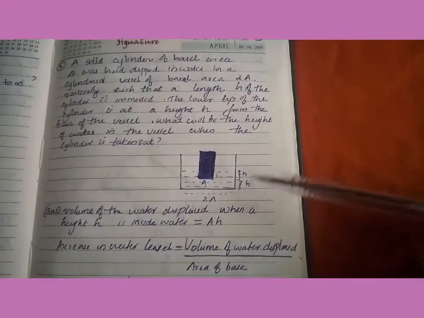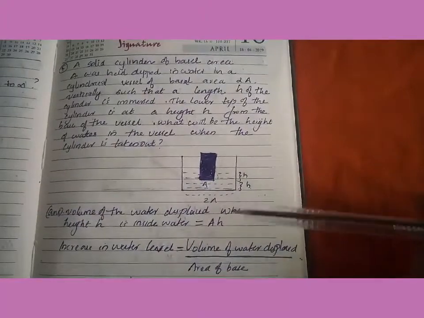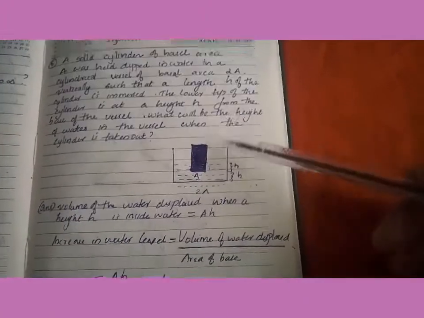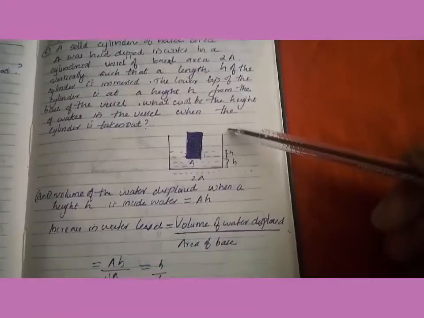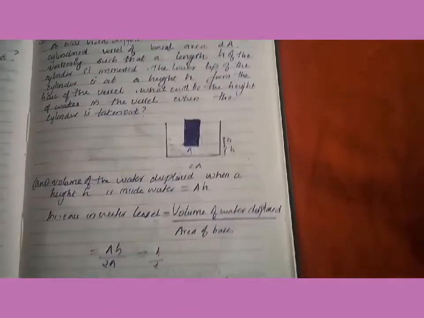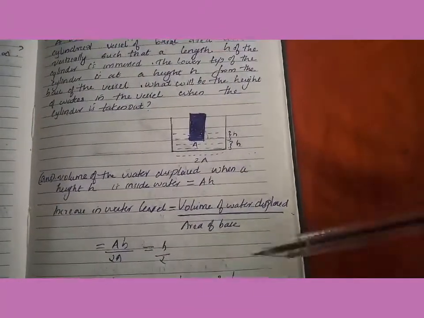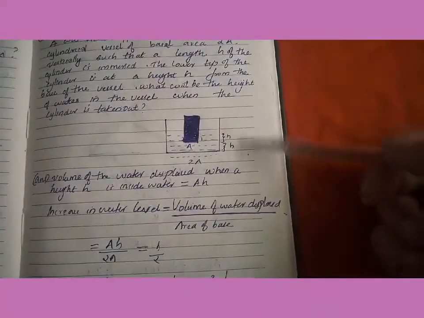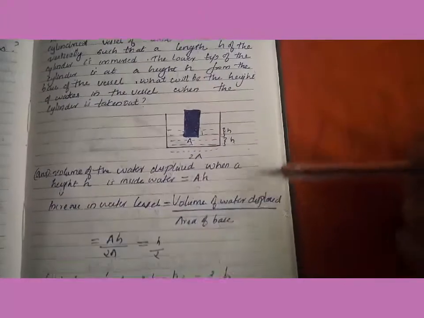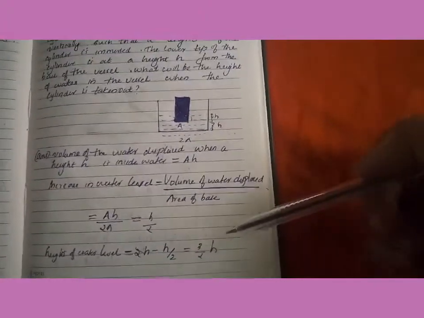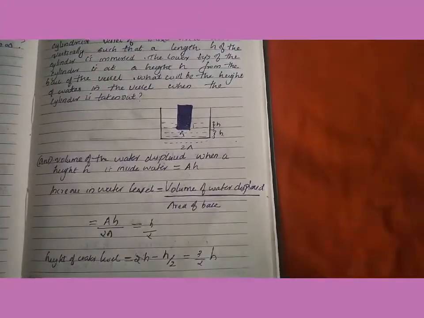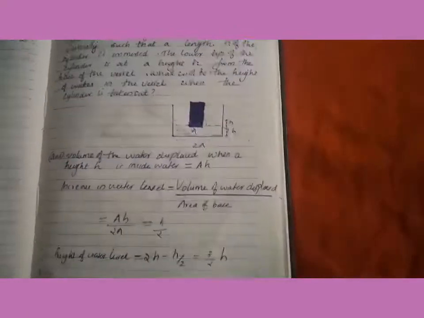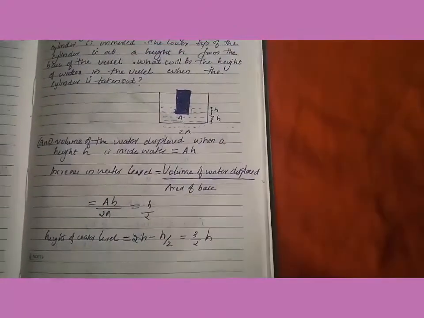When the cylinder is dipped in the water, the rise will be h by 2. When it is taken out, there will be an h by 2 decrease. So 2h is the height, minus h by 2 will give you the actual height when the solid cylinder is removed from the water, that is 3 by 2 h.